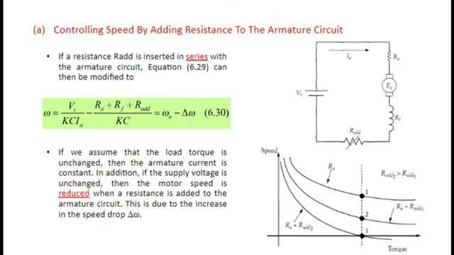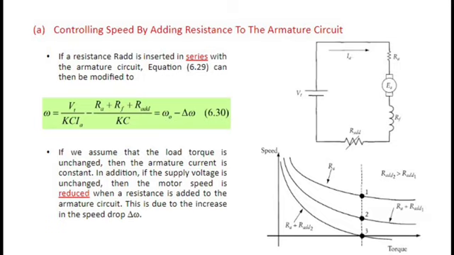What do we mean by adding resistance to the armature circuit? Adding resistance in series with the armature circuit can be seen on the right hand side of the slide, which is just adding an adjustable resistance to the armature circuit. If we assume that the load torque is unchanged, then the armature current is constant.